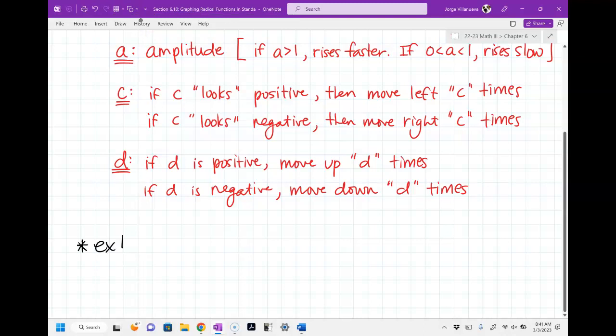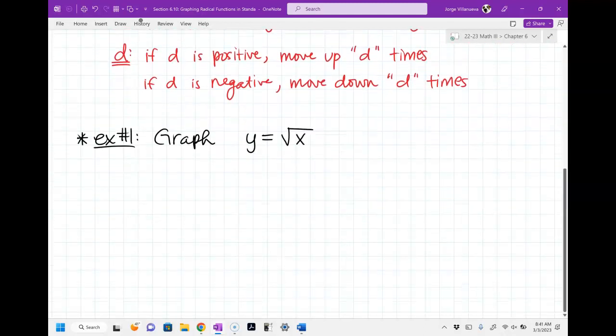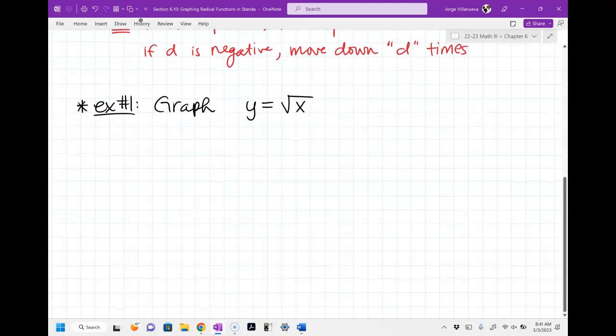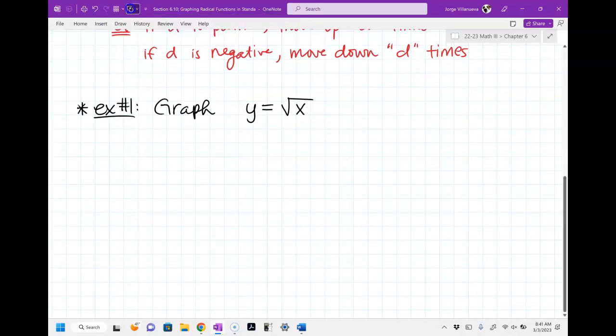So for example number 1, we're going to graph y equal to square root of x. This is the basic parent function, as they call it, the most basic function. I'm just going to create a little grid here.